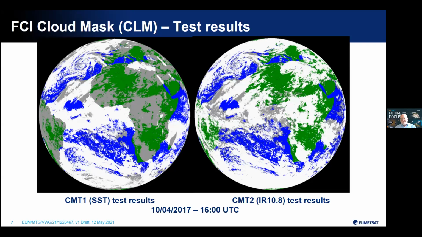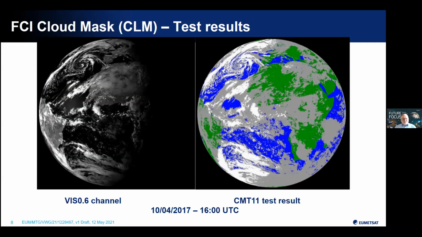On the right side, you see an example for the infrared 10.8 test. Again, this test is applied over ocean and land, and you see in white the cloudy pixels detected by that test. The same applies for the visible channel.